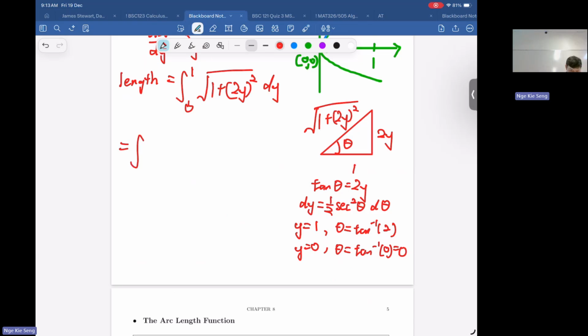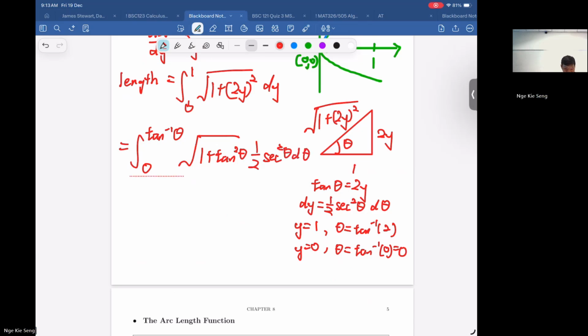Okay, so integrating from 0 to tangent inverse 2 of the square root of 1 plus tangent squared theta, times half of secant squared theta.